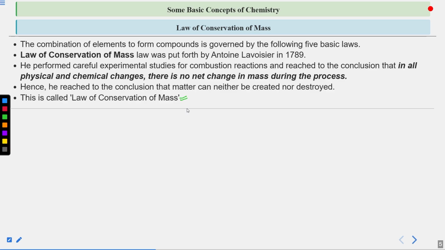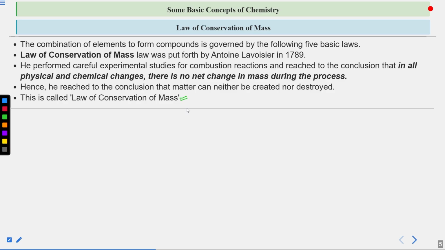So the modified law would be like this, that energy and matter both are conserved. Now there is a possibility that your mass can be converted to energy. So some of your mass would not be available at the end of the reaction, but it doesn't mean that it has been destroyed. It is just transformed to the energy form. Clear? Okay.